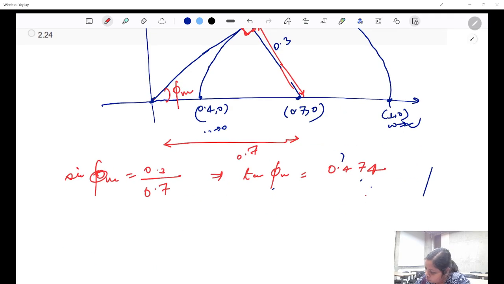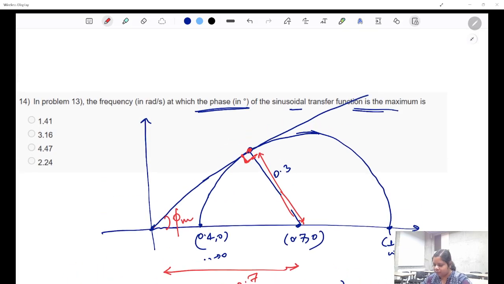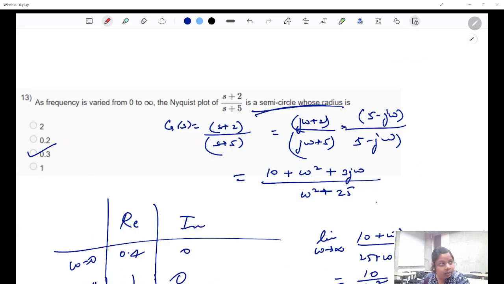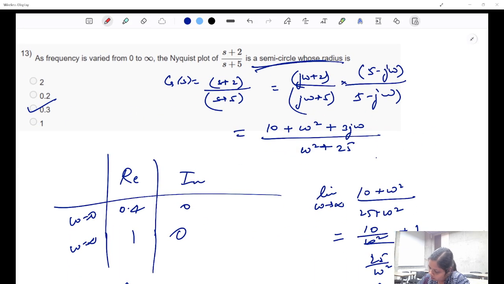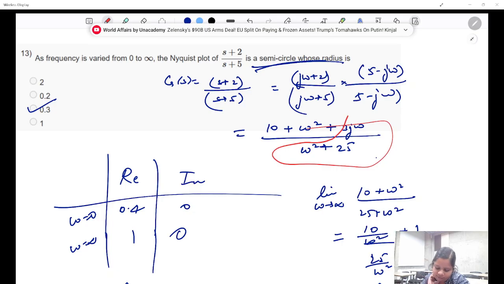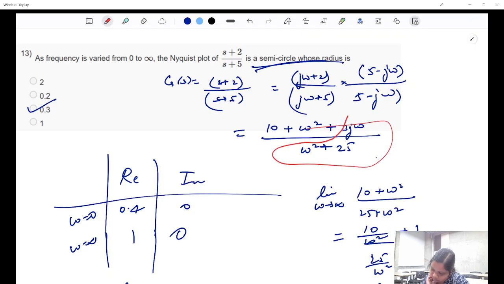All right. And what is the phase for our transfer function? It is 3 omega upon omega square plus 25, right?